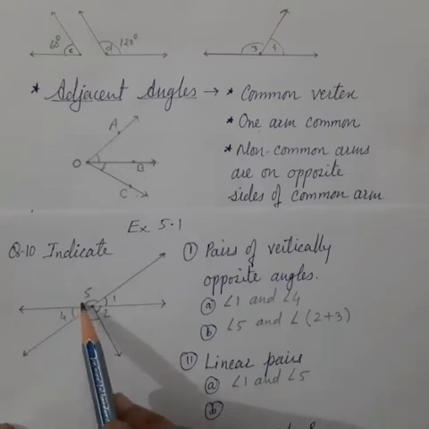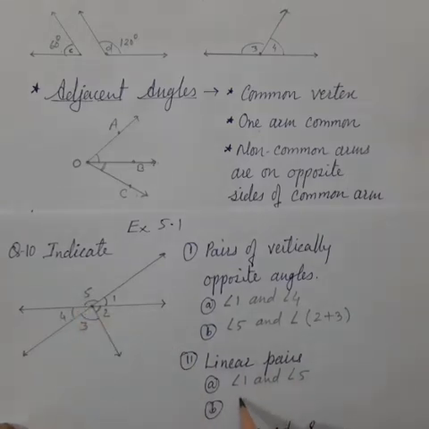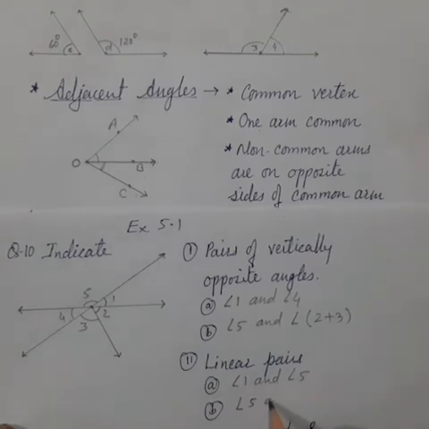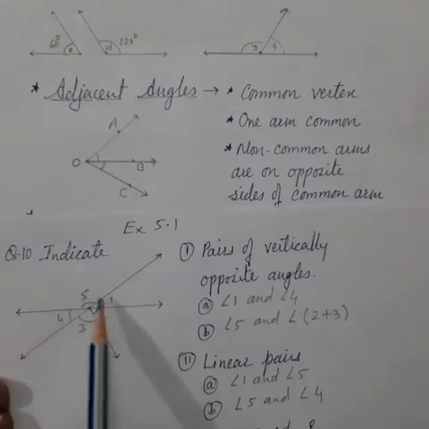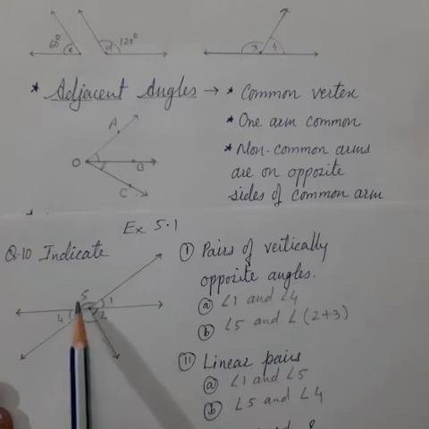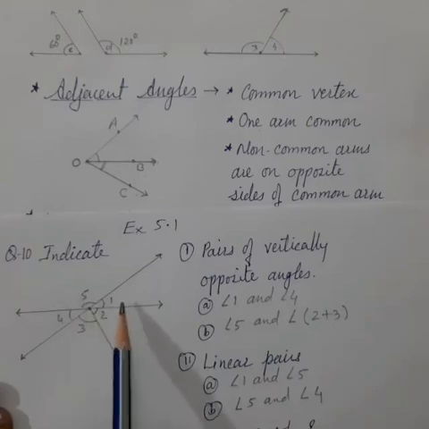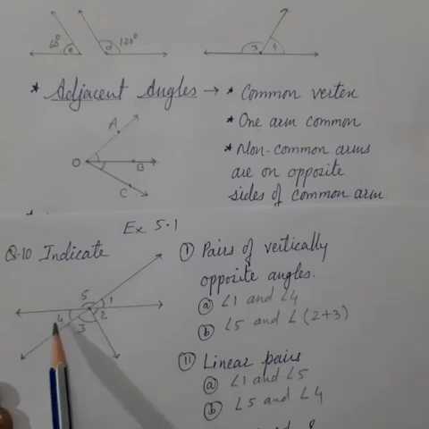Adjacent plus supplementary means linear pair. Angle 5 and angle 4 together form a straight angle. Straight angle means the measure is 180 degrees, and two angles are supplementary when the sum is 180 degrees. Here also 4 and 5 are supplementary.